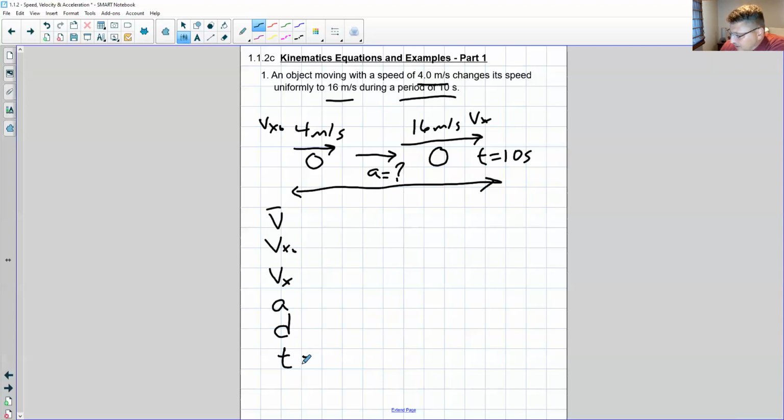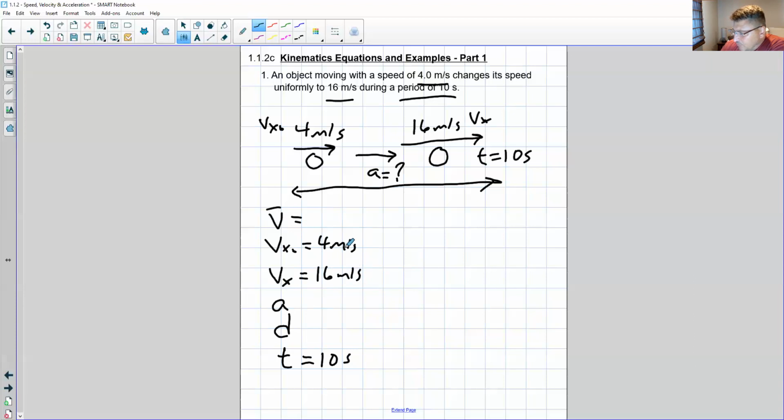Okay, so we have the time, 10 seconds. We have the initial velocity, or initial speed, 4 meters per second. We have the final speed, 16 meters per second. Okay, so given these things, I could very easily calculate the average speed, right? The average speed would be the average of these two speeds.